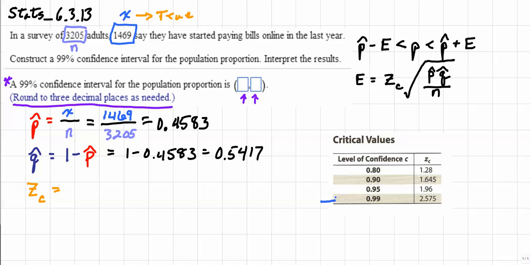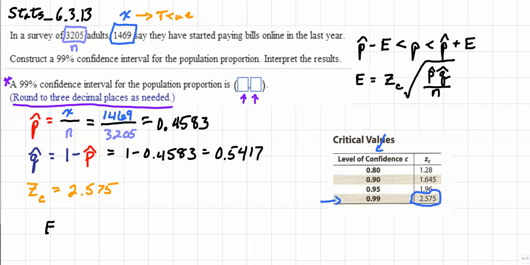We're looking at a 0.99 level of confidence, which gives a z-score of 2.575.